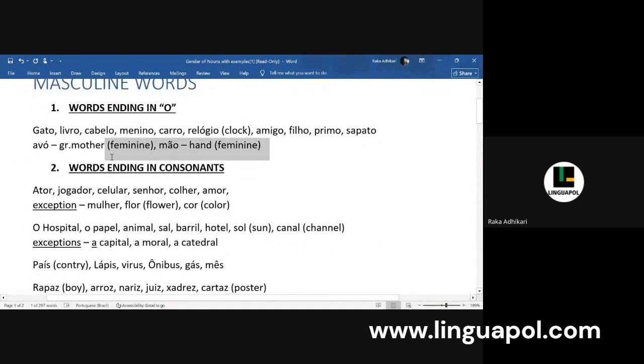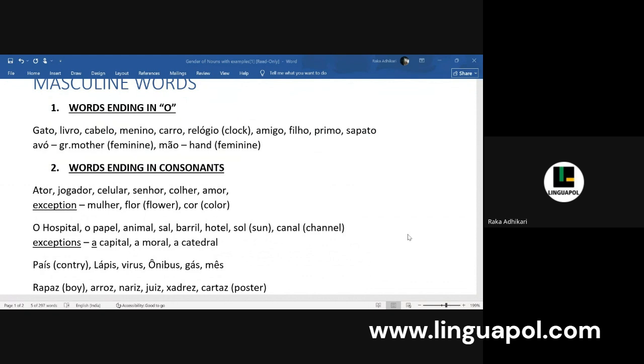Secondly, words ending in consonants. If you look in your book, in the column of masculine and feminine, page number 28, you have the endings like L, R, Z. We have all these endings consolidated.